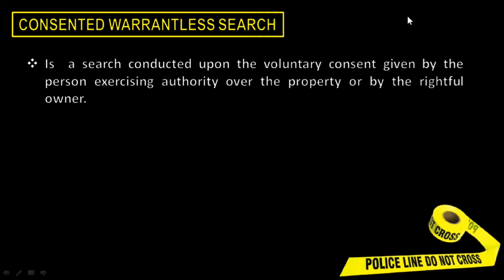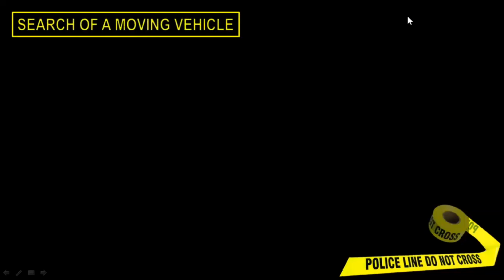So all the properties or items that are illegal, that could be seized by the police officer, could be used as evidence. So, pwede yung magamit na evidence because under this circumstance, consented warrantless search, it is legal because the owner gives his voluntary consent. So, next is search of a moving vehicle.